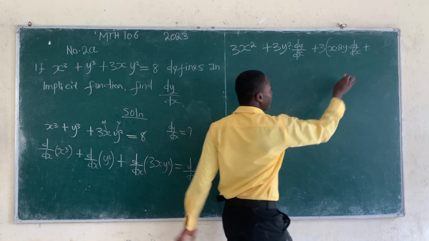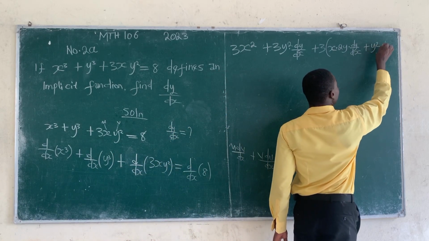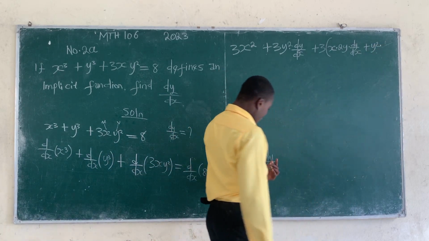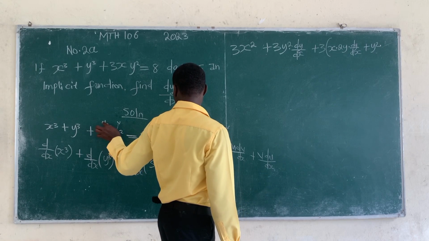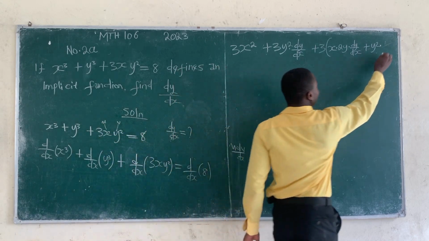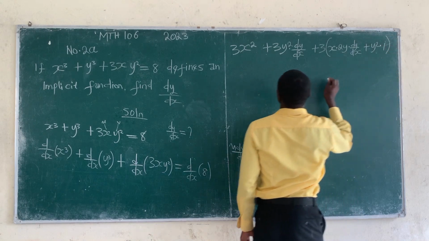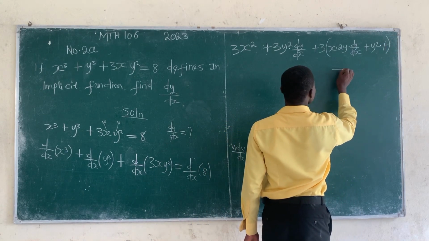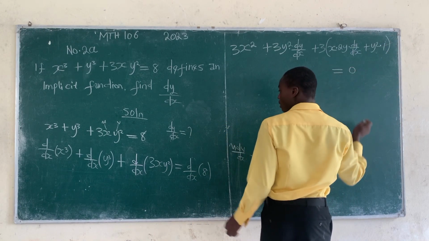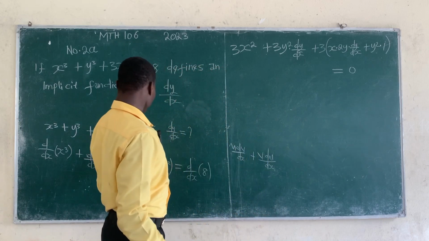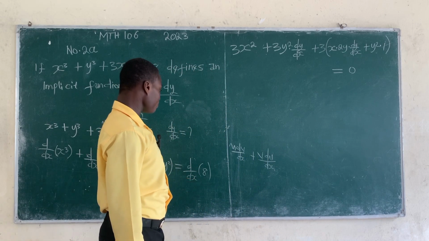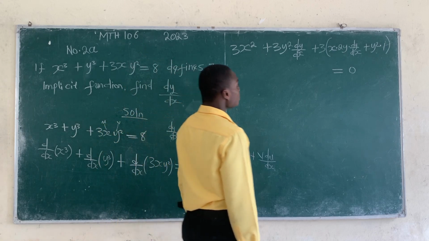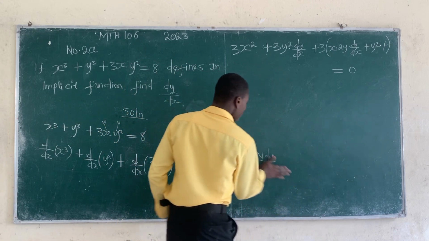Our v is y squared. So we have y squared times du dx, and our u is x. If you differentiate u, which is x, you have 1. You close the bracket, and of course the whole of this is equal to 0, because if you differentiate 8, you have 0. So that's what we have.